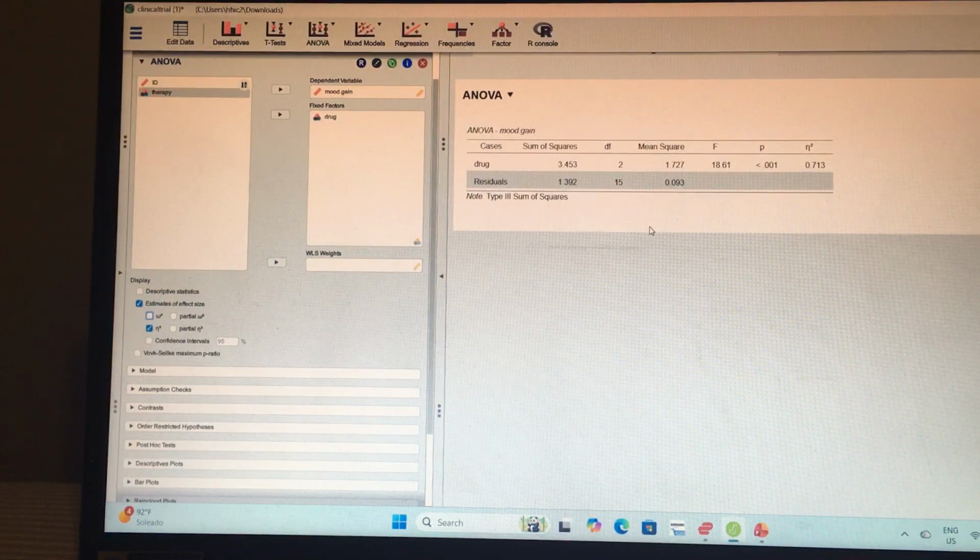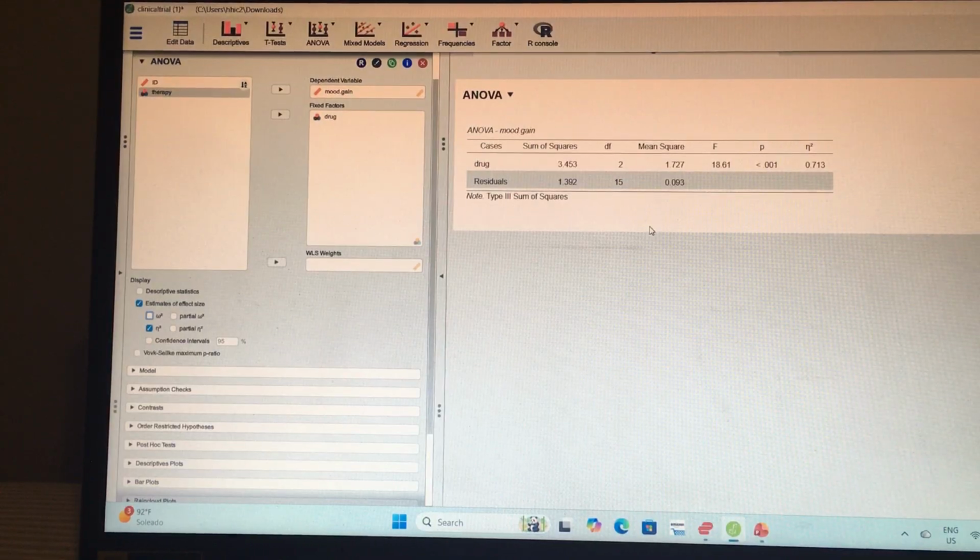The JASP results in figure 13.3 are showing again the sum of squares values, the degrees of freedom, and a couple of other quantities that we're not interested in yet. Notice, however, that the JASP software does not use the names between group and within group. Instead, it assigns more meaningful names.